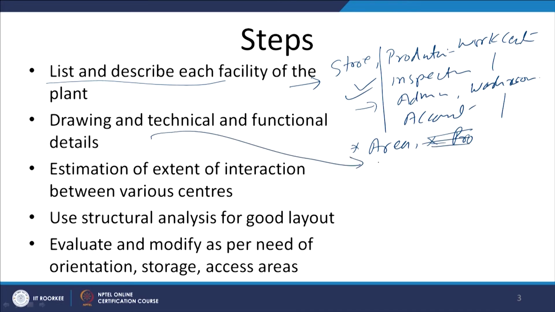Then get the drawings, of course, will include the orientation, the dimensions of the different facilities which are needed, and the kind of the location or any special feature which is to be incorporated, like there will be lifts or any special access which is needed for firefighting or any other special requirements.